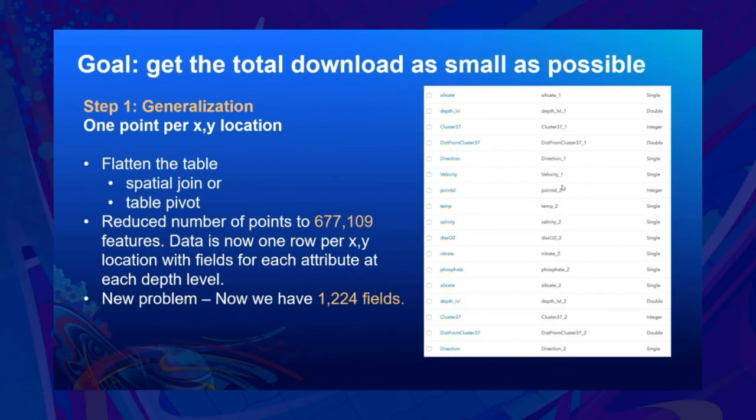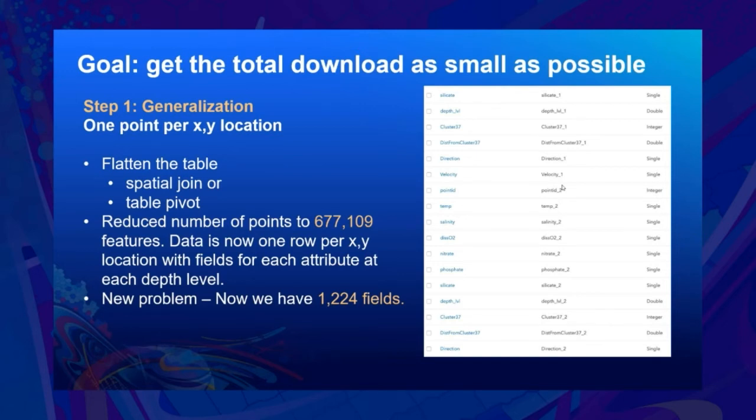Step one is to reduce the number of geometries to have just one point per location. We call this flattening the table, pivoting the table, generating a fat table. We take each one of those depth values for a particular attribute and pivot it so that those become columns in the data. That reduces it to about 677,000 features, and the data is now one row per XY.